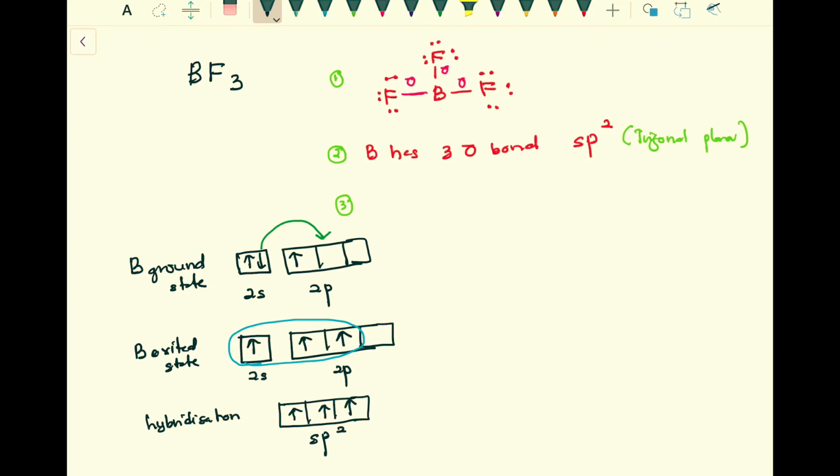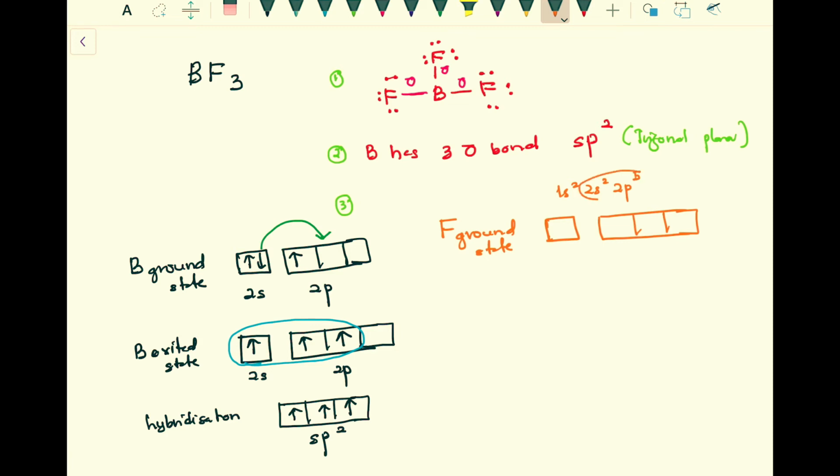Alright, so boron will overlap with fluorine, which is the terminal atom. So now we have to write an orbital diagram for fluorine. Fluorine ground state. Fluorine has 7 valence electrons. Fluorine is 1s2, 2s2, 2p5, right? 2, 4, 2p5.